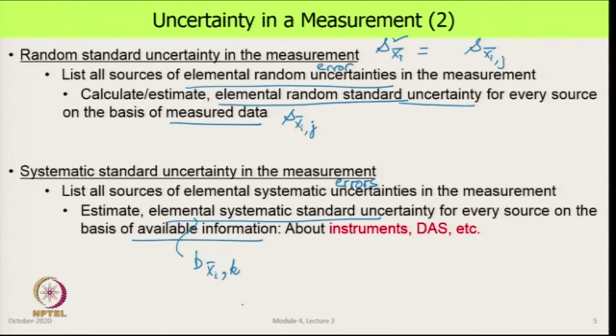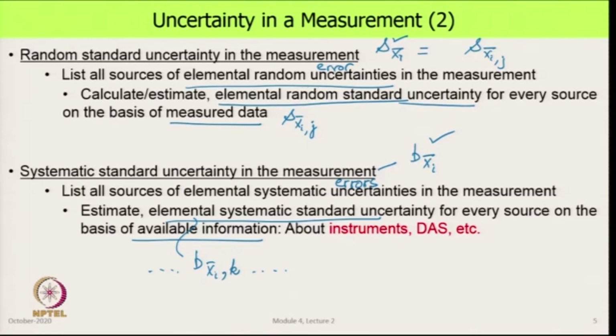K denotes which one of the elemental systematic standard uncertainties of the measurement we are looking at. And from all of these, we get this thing that we wanted, which is B x_i bar.